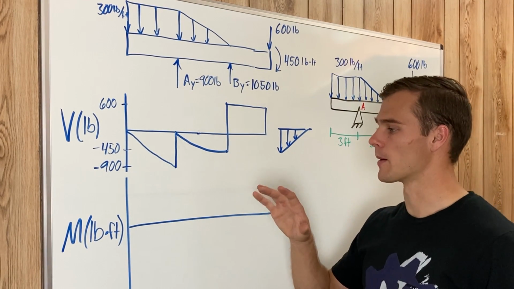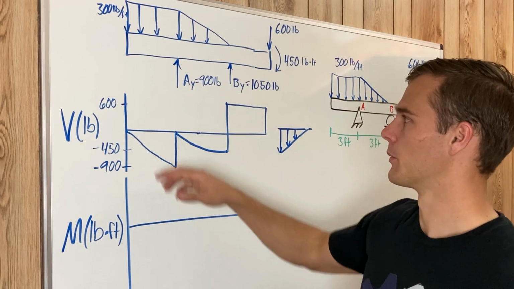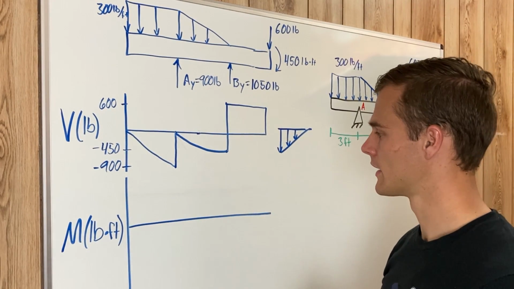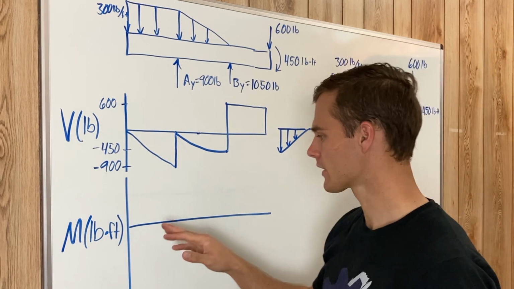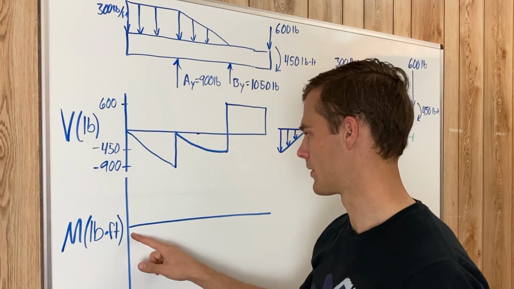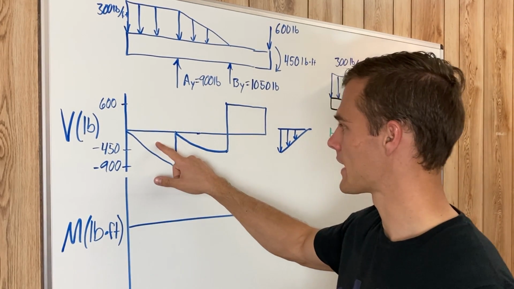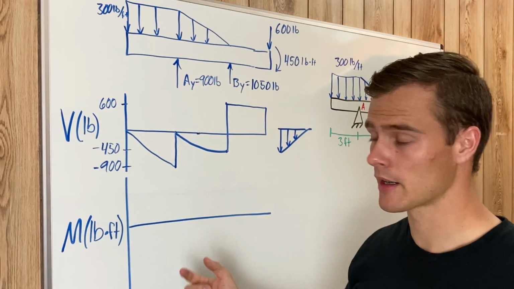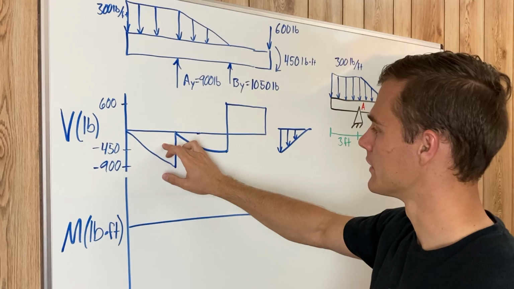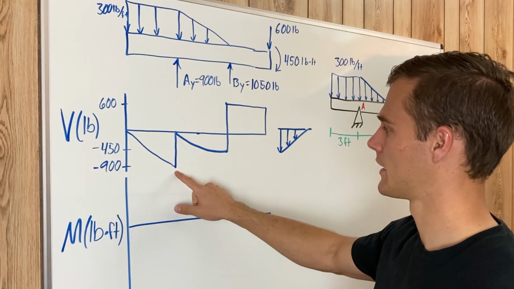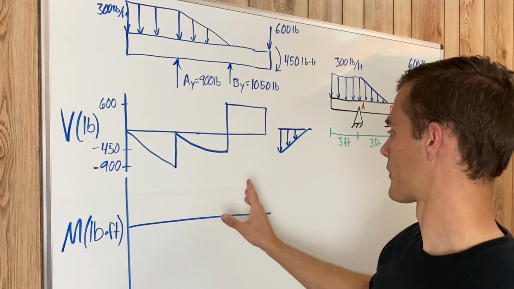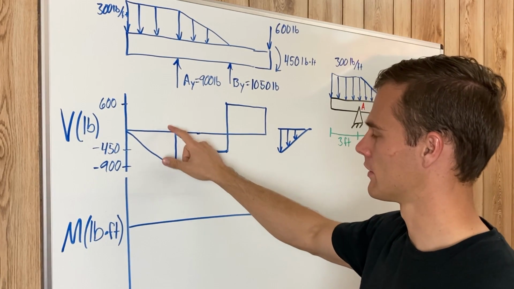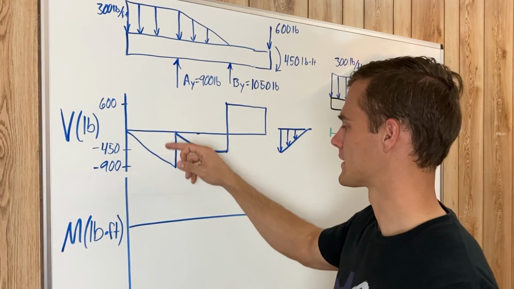So moving on to our moment diagram, once again, it's not supported at this end, so it's not going to have internal moments there. Our moment diagram is going to start at 0. This is negative area, so it's going to push it down. This is a negative slope, so it's going to be concave down, and the area under this curve is 900 times 3, because it's 900 on this side of the triangle, 3 on this side of the triangle, and so the area is half the base times the height.